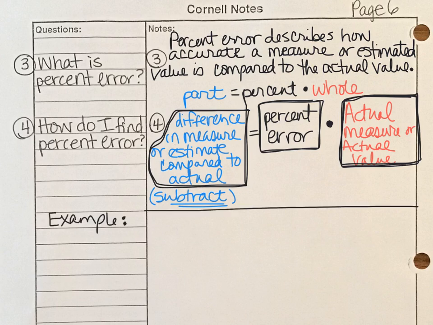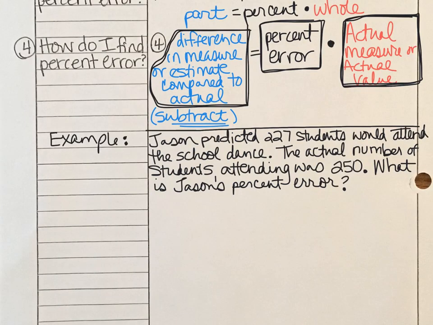Now let's take a look at an example. Jason predicted 227 students would attend the school dance. The actual number of students attending was 250. What is Jason's percent error? In step 1, we're going to find that difference. And remember, the difference here is equal to the part.